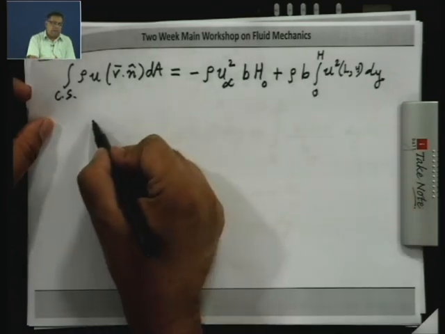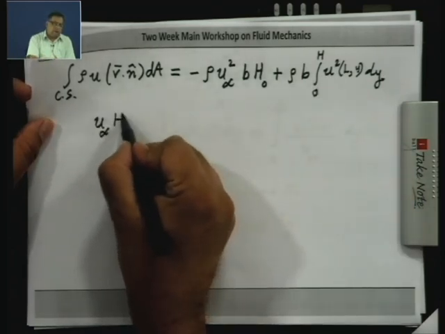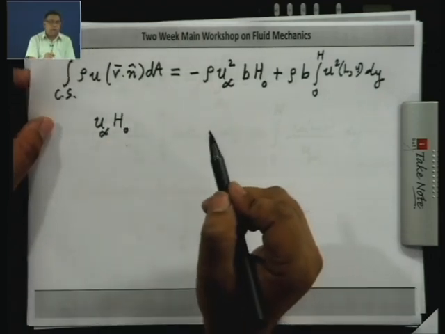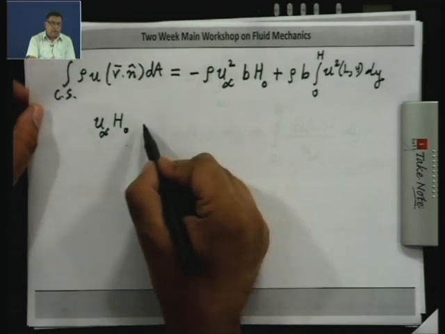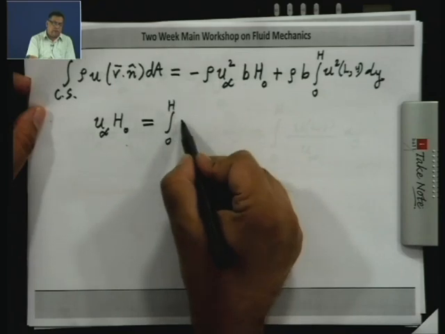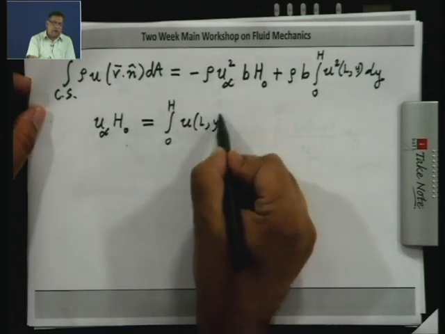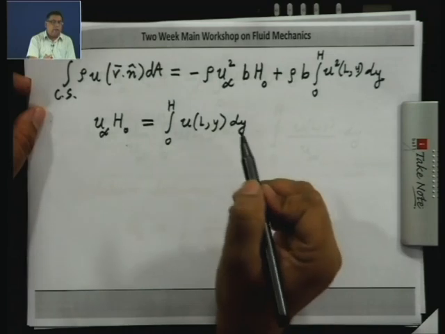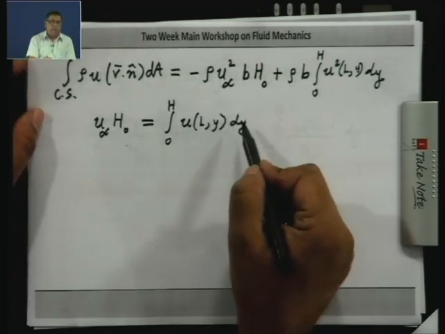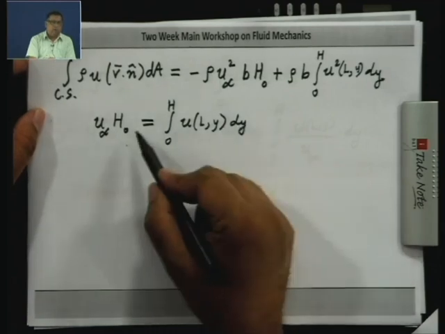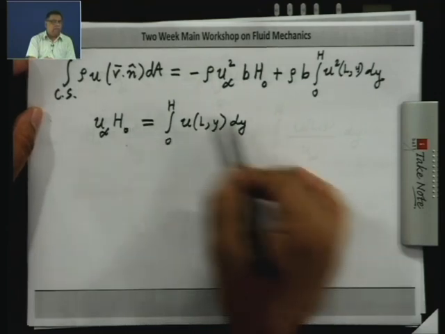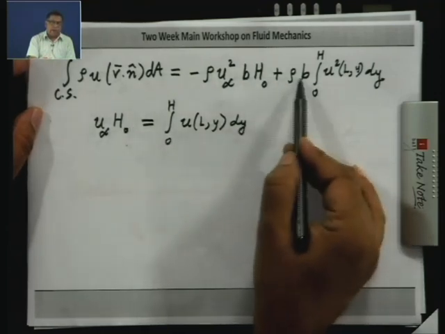So, we have seen that u infinity times h naught physically represents the volume flow rate into the control volume through the surface 1. This will be equal to the integral 0 to h of u at L, y dy. So, this represents the volume flow rate leaving the control volume through the surface 3. Of course, these are the volume flow rates per unit depth in the z direction. To get the actual volume flow rate, you have to multiply both sides by b, which is already over here.